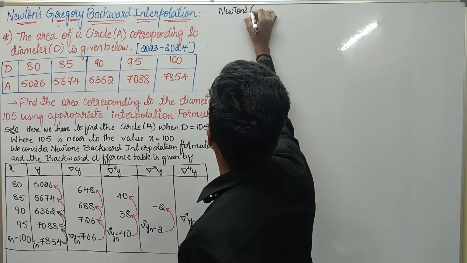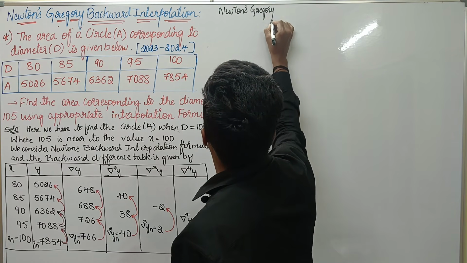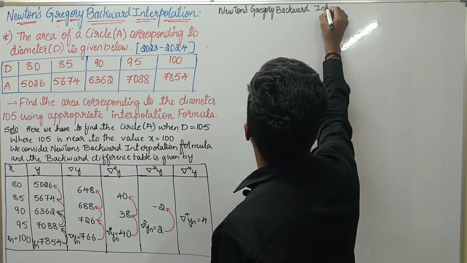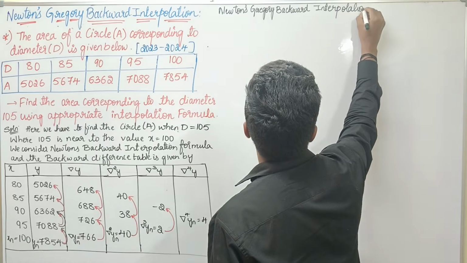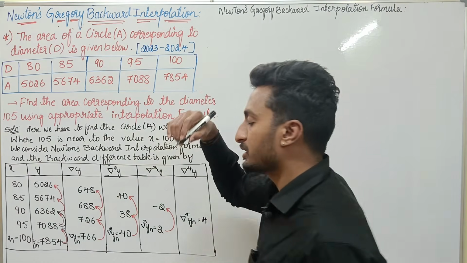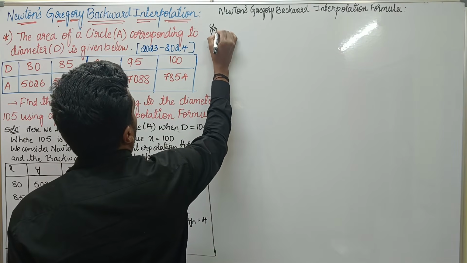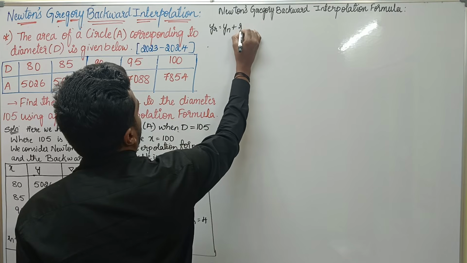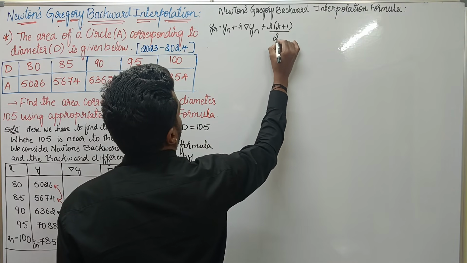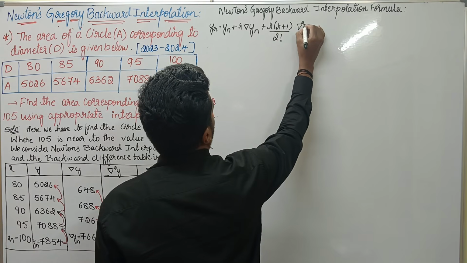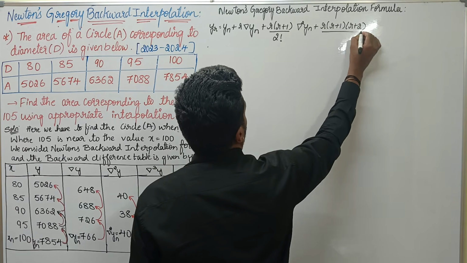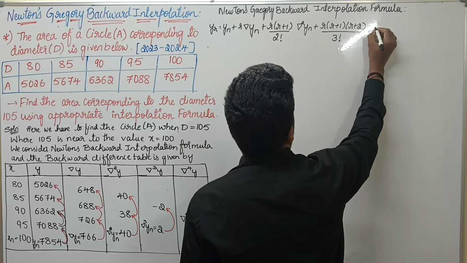Now let us represent the Newton-Gregory backward interpolation formula, where yr is equal to yn plus r into backward of yn plus r into r plus 1 divided by 2 factorial into backward square of yn plus r into r plus 1 into r plus 2 divided by 3 factorial into backward cube of yn.